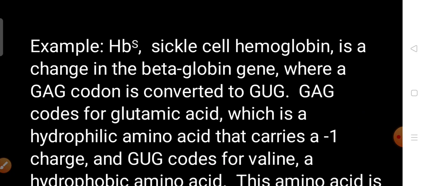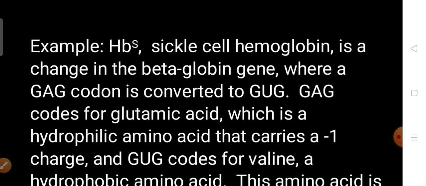In a person having normal hemoglobin, which we call HbA, if you go from the N terminal end towards the C terminal end, the sixth codon from the N terminal end is GAG.